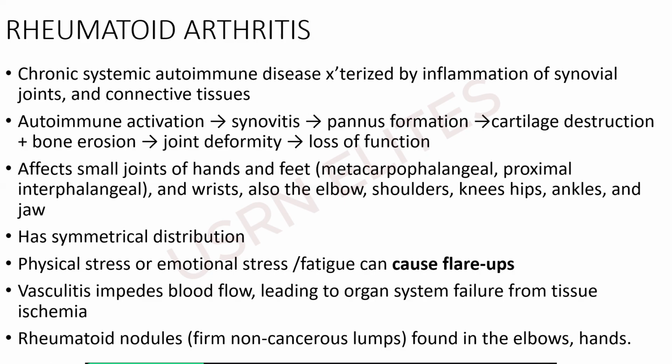That's where it affects, and the wrist and also the elbows. So with arthritis, we are looking at the joints, the shoulders, the knees, the hips, the ankles and the jaw. That is what is actually happening.